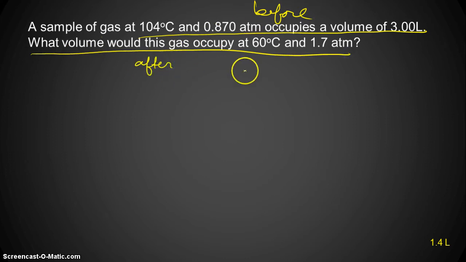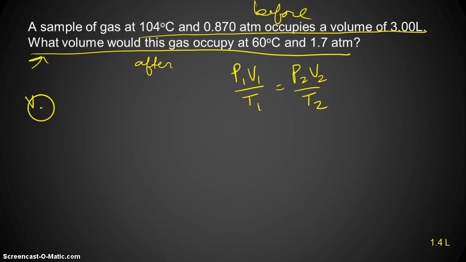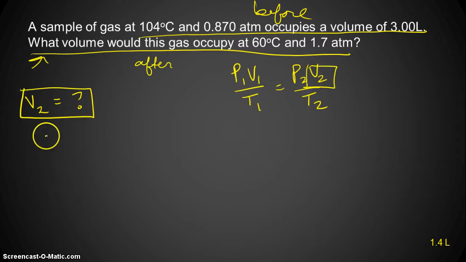Because I noticed that we have before and after conditions, I'm going to predict that we're going to use the combined gas law. My question word is what volume, so V is what I'm trying to find. This volume is part of my after conditions, and so V2 is what I want to get all by itself.